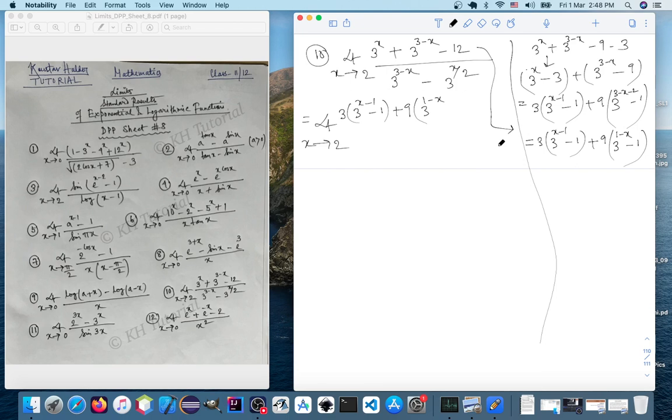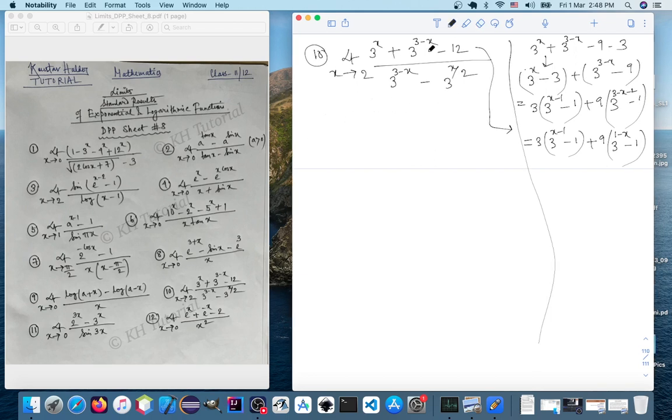I think it's better if we change the variable to something, t tending to 0. Let's see what it becomes. Let x equal 2 plus t.